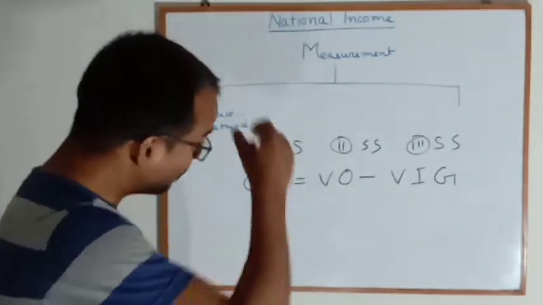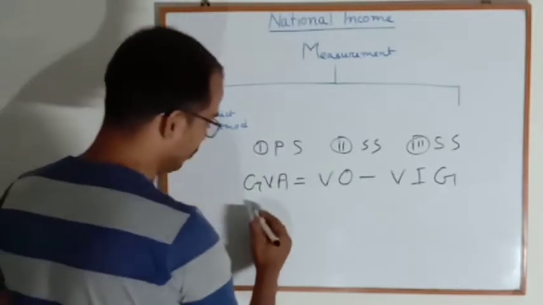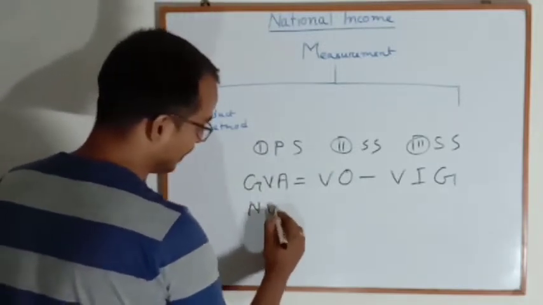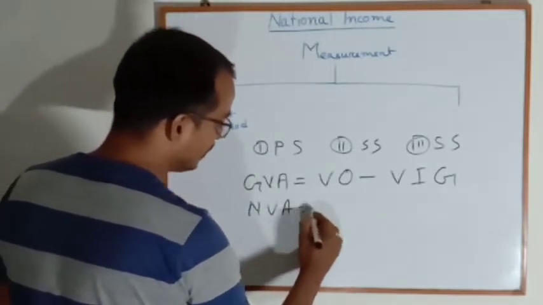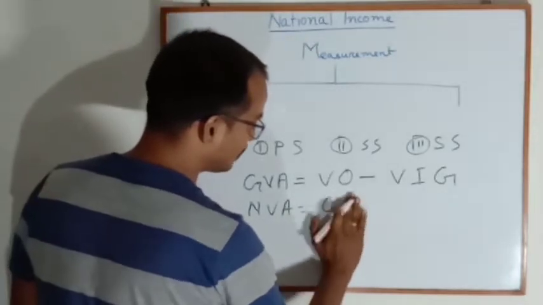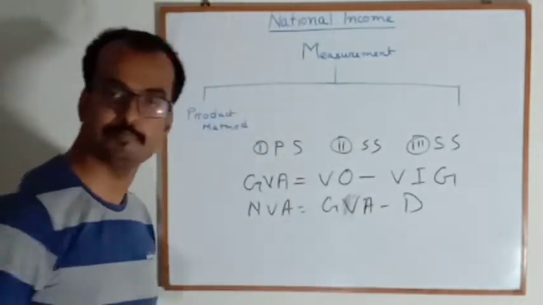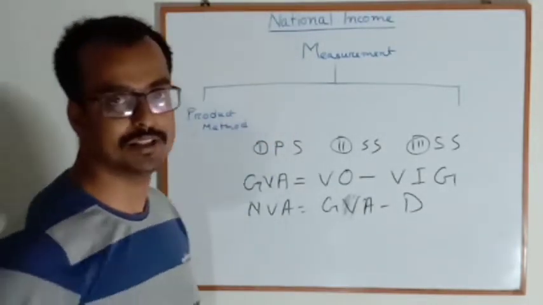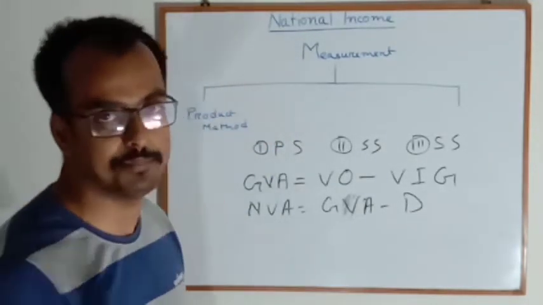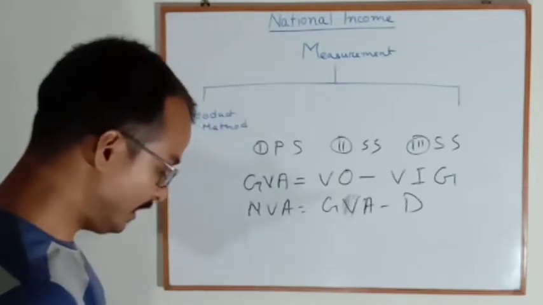So from gross value added, since it is gross, you know, this is repetition, I have done it. Net value added is equal to gross value added minus depreciation. And what is depreciation? All the things I have discussed in the first and second video.